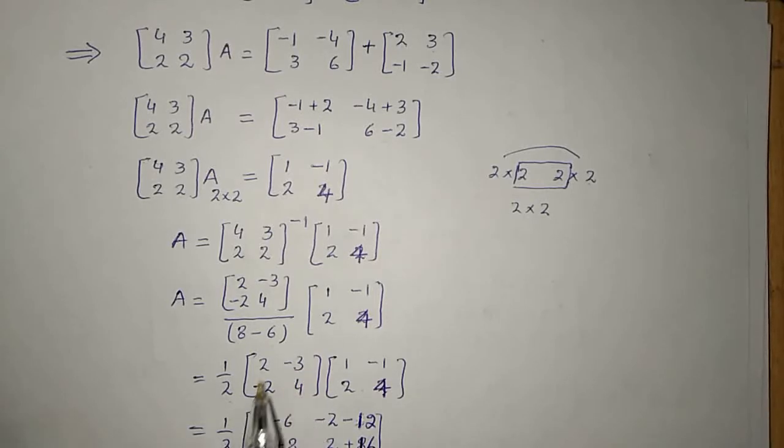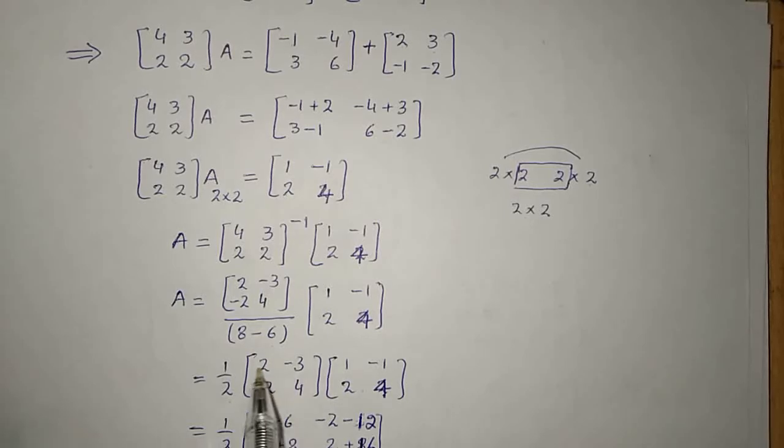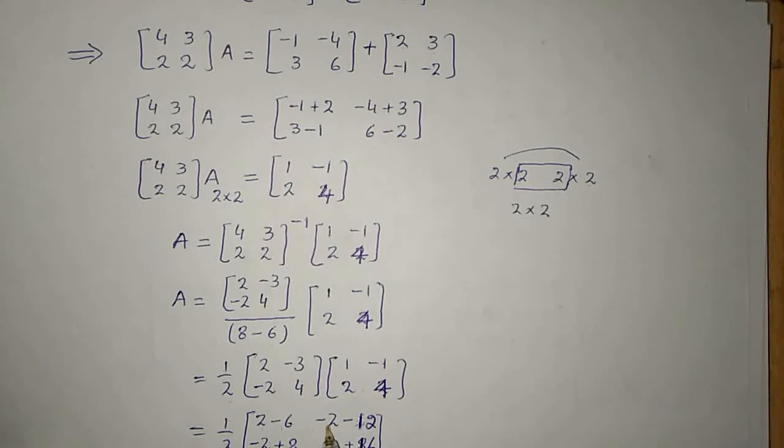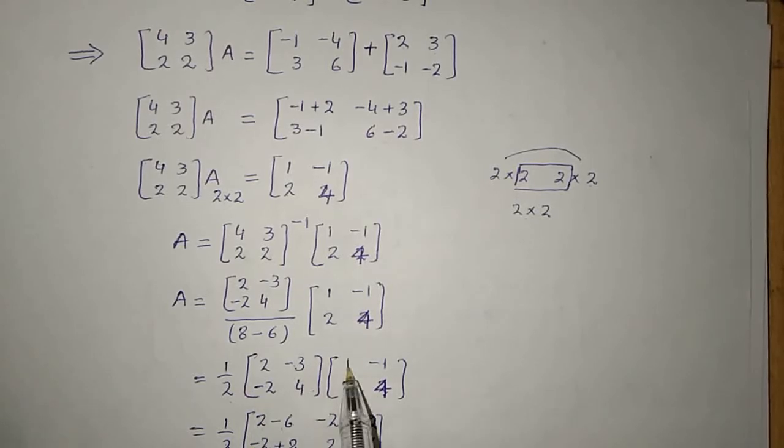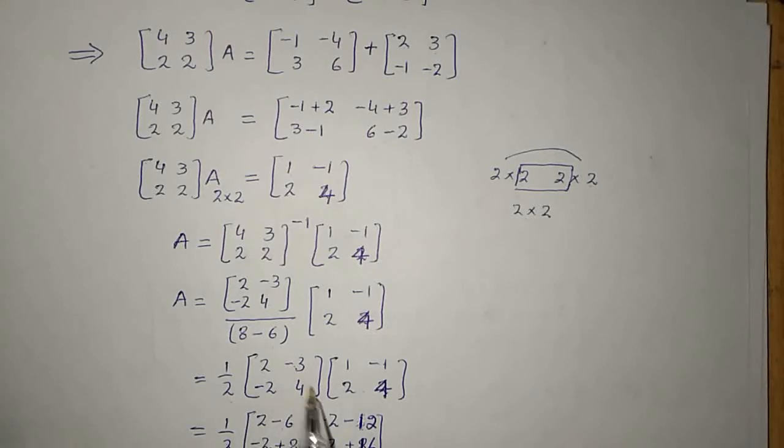First row multiplied with the second column, 2 into minus 1 is minus 2, and minus 3 into 4 is minus 12. Then second row multiplied with the first column, minus 2 into 1 is minus 2, 4 into 2 is 8. And second row multiplied with the second column, minus 2 into minus 1 is plus 2, and 4 into 4 is 16.